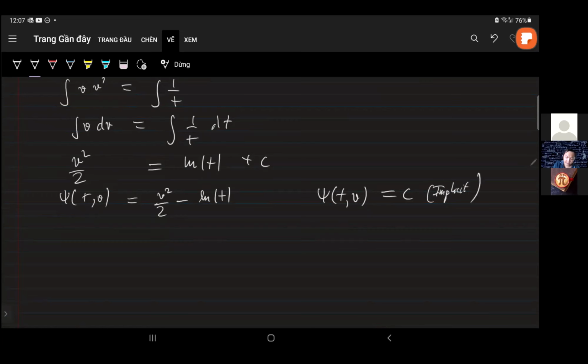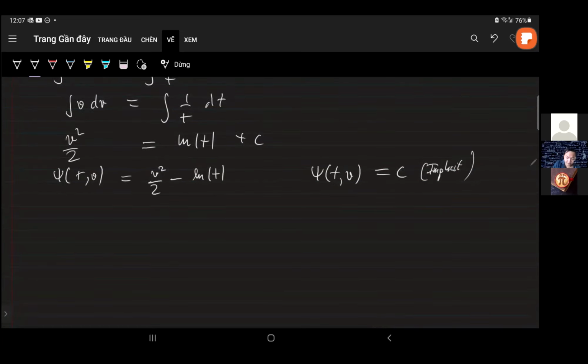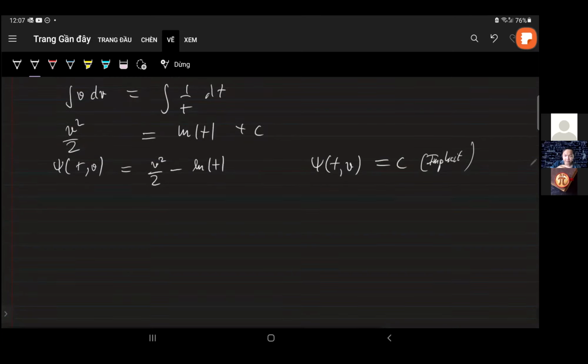So how about the explicit form? The explicit form can be found, because the quadratic equation is very easy to solve. Just consider t as a constant, and v as the variable, and solve for that equation. If you do that, what you get is v squared equals 2 log of t plus 2C. I just let that equal C, because 2C is just some constant.